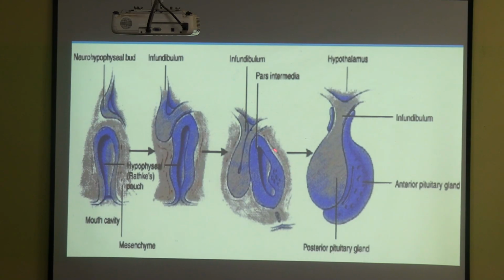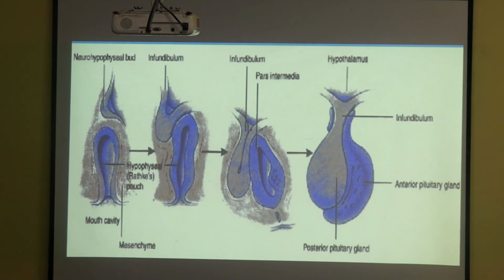This part is called the anterior wall of the Rathke's pouch, this is the median cleft, and this is the posterior wall. Remember these points for viva. They will ask what parts or structures you can identify in the Rathke's pouch. That is the anterior wall, median cleft, followed by the posterior wall.